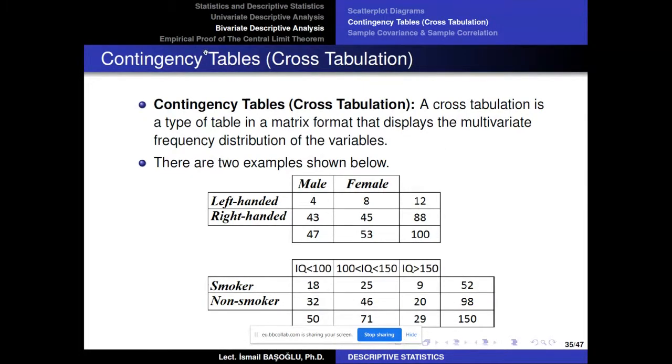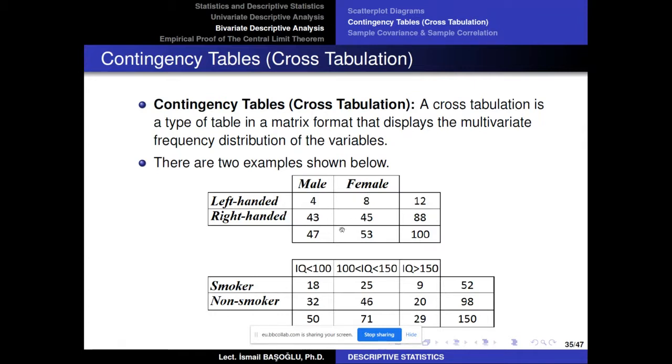For example, in the first example here, we have a sample of 100 people. Some of them are male and some of them are female. 47 of them are male and 53 of them are female, and 12 of them are left-handed and 88 of them are right-handed.